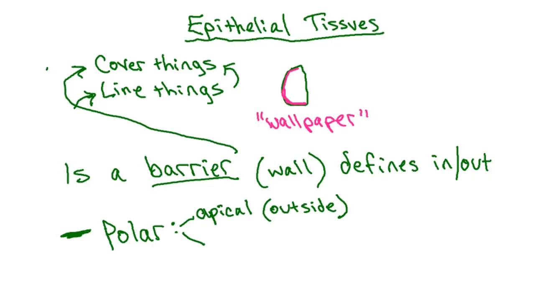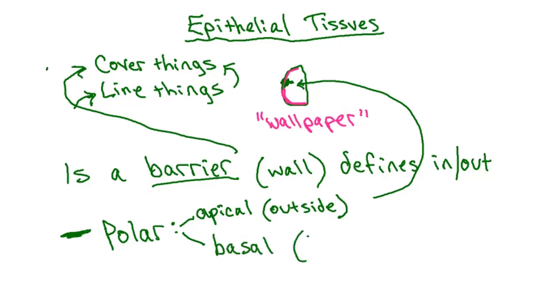If you look up here at the lungs again, I can see this side of the lining, but I can't see the other side because it's attached to the inside of the lungs. So the side that you can see if you were in there looking at it, that's the apical side. And then there's the basal side.